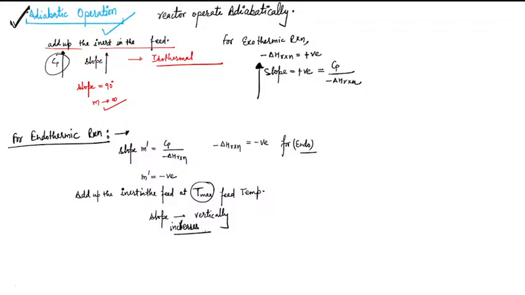Getting the point or not? The slope increases and moves to vertical. The slope m is infinite, the angle is 90 degrees. So in this way we will operate it. Get the point or not?